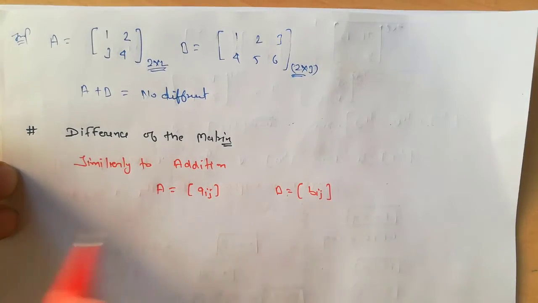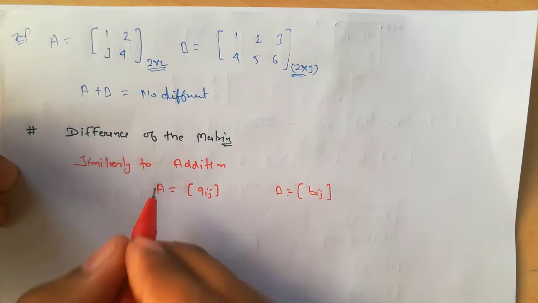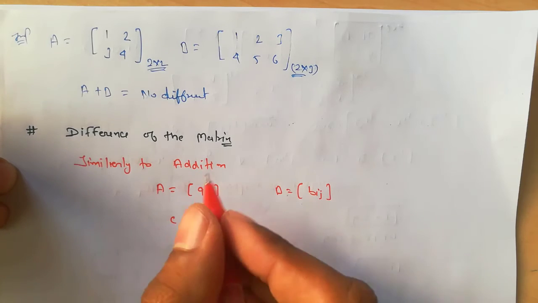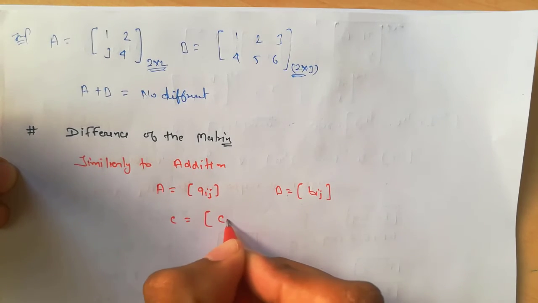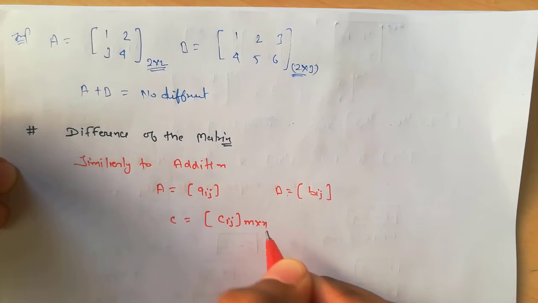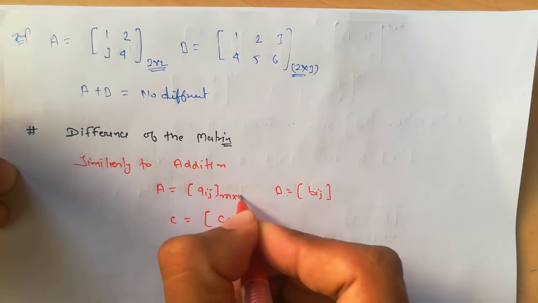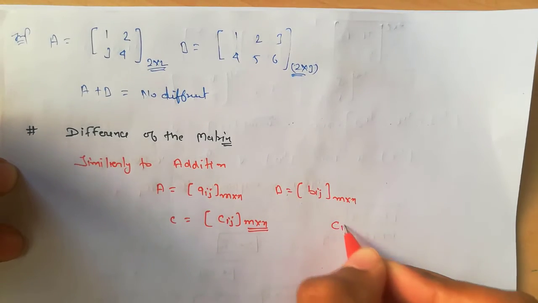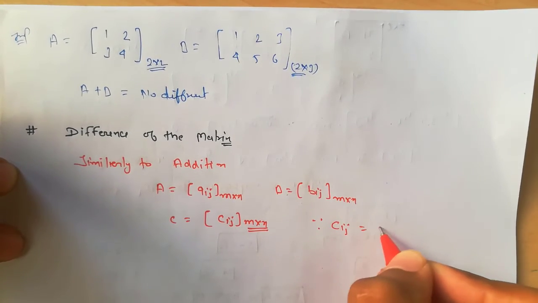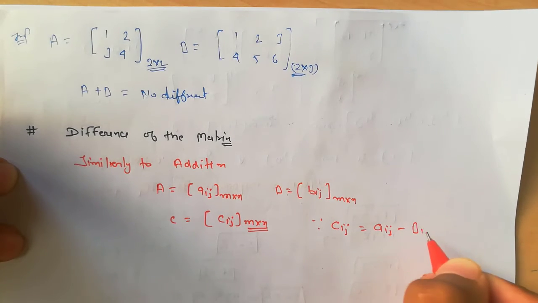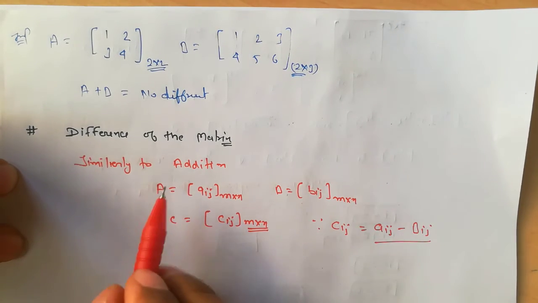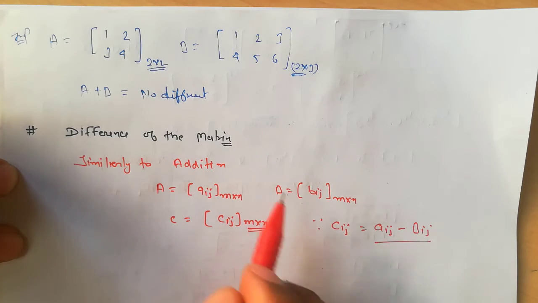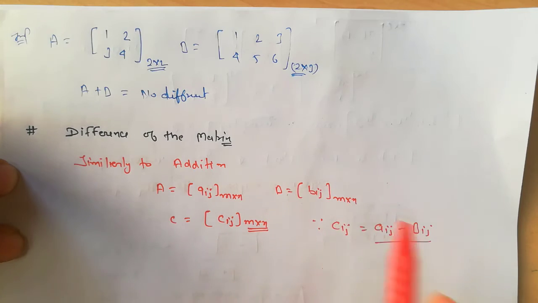Now we want to subtract matrix A minus B. Then the new matrix C, Cij of m cross n, has the same order as matrices A and B. Here Cij is defined as Aij minus Bij. It means that each element of matrix A is subtracted by the corresponding element of matrix B.